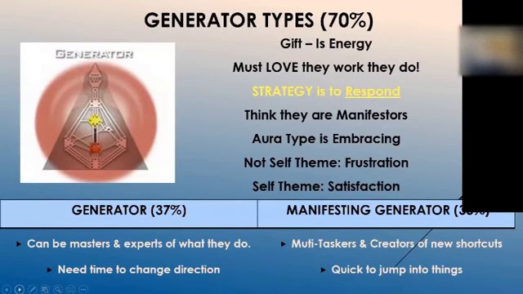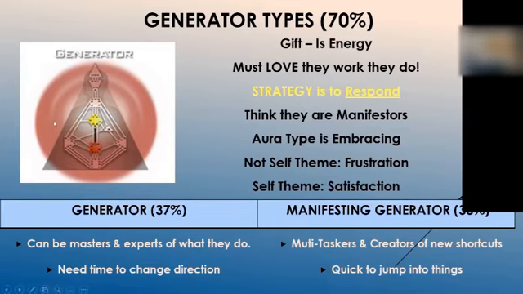If you look at the top there, again, generator types are about 80%. Whether you're a manifesting generator or just a generator type directly, we both have to respond equally, which is our strategy, just to respond to life. Our gift is energy though. Our gift is our passion. Our gift is our energy.